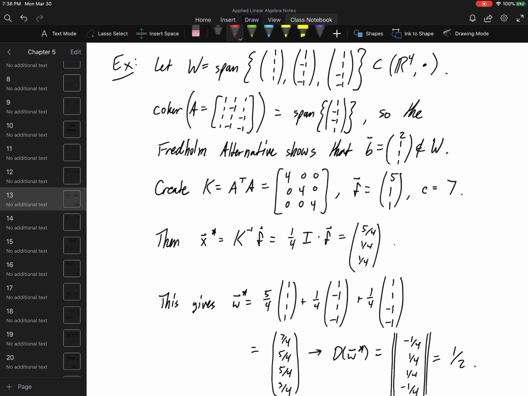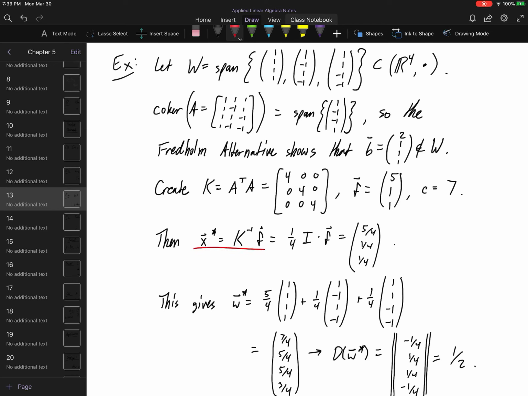So we can frame the closest point problem as a minimization problem with these three components, these three elements that will make up our quadratic function that we need to minimize.